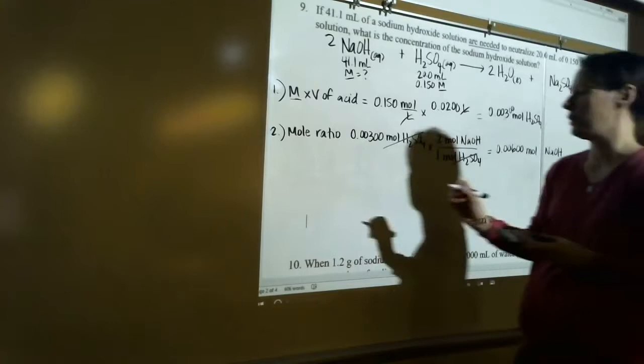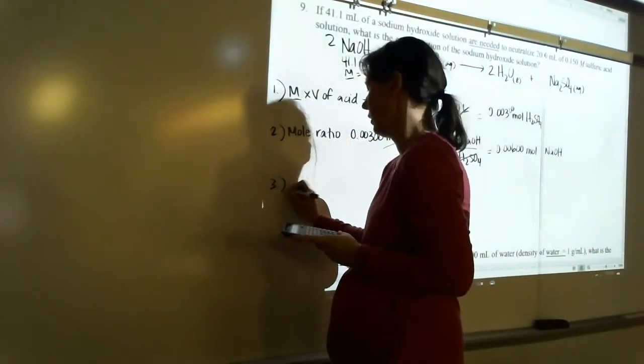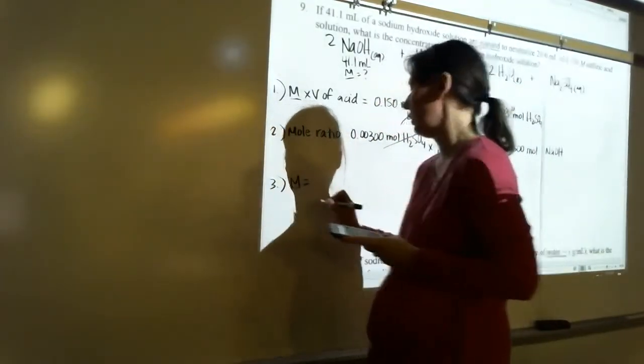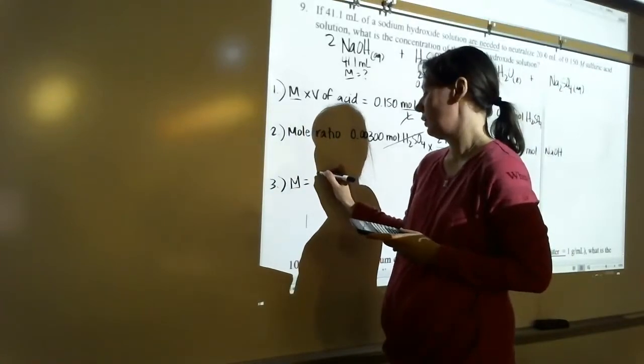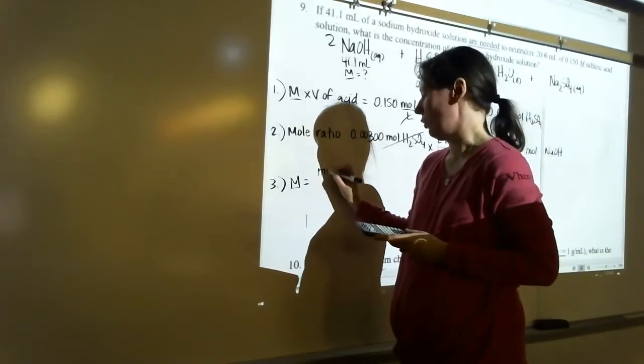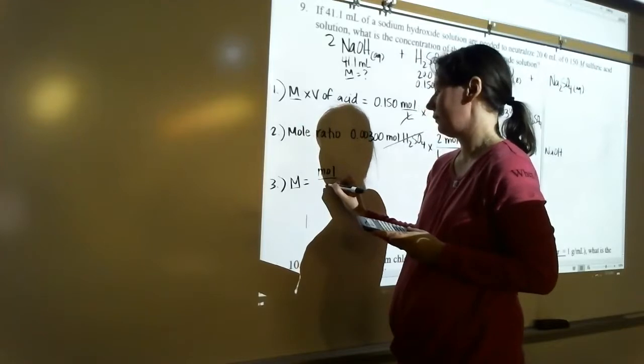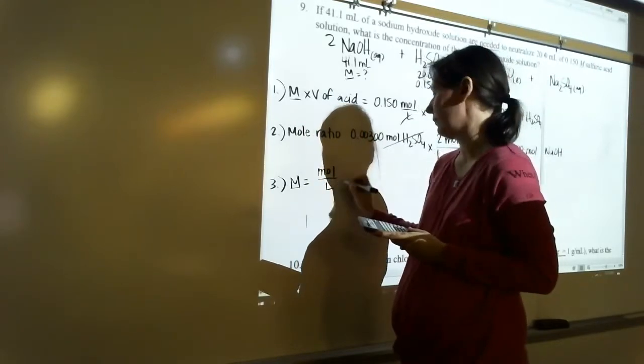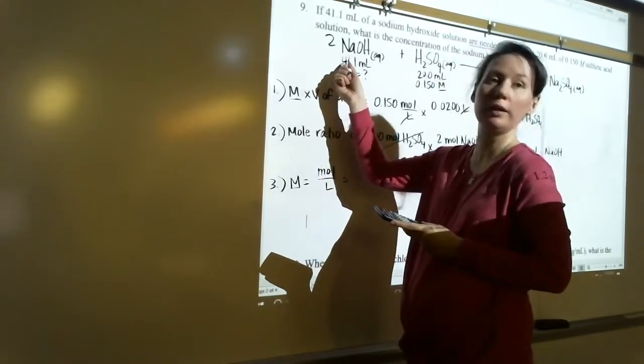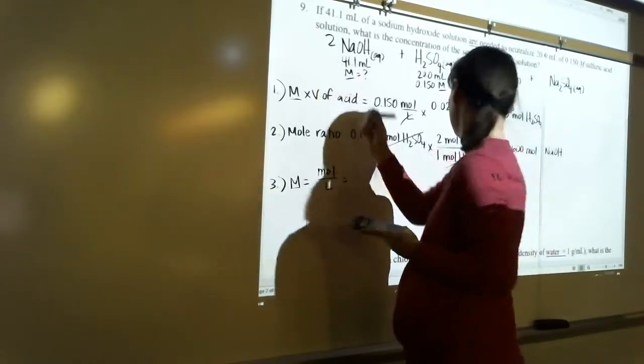And now do I have everything I need to calculate a molarity? I do, right? Because molarity is what? Molarity is equal to what over what? Moles over liters, right? Can I convert milliliters to liters? Is that something I can do? Yes.